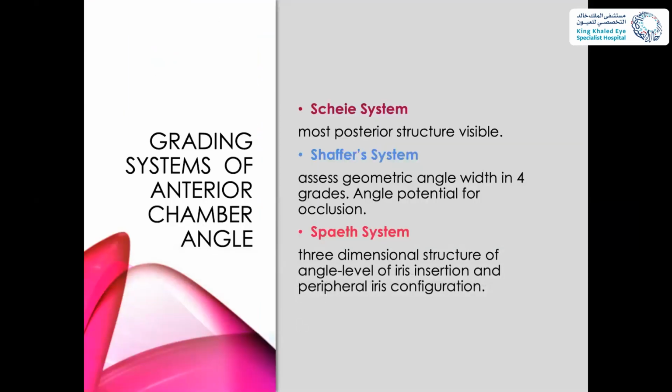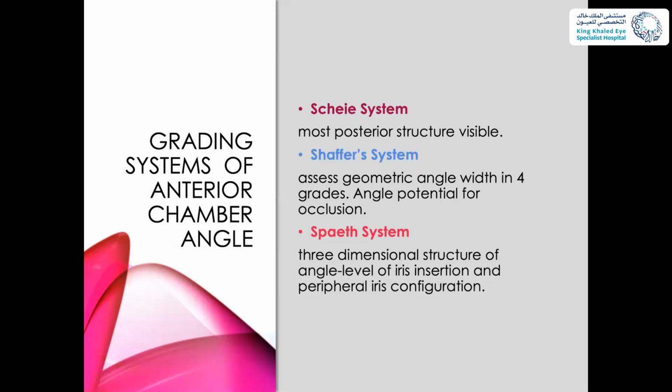For the different grading systems for the angle, we have the Shaffer system, which is usually meant for evaluating the most posterior structure visible, and this is therefore a grading system from 1 to 4. And the Scheie system is exactly the opposite: it assesses the geometric angle width in 4 grades, and studies the angle's potential for occludability.